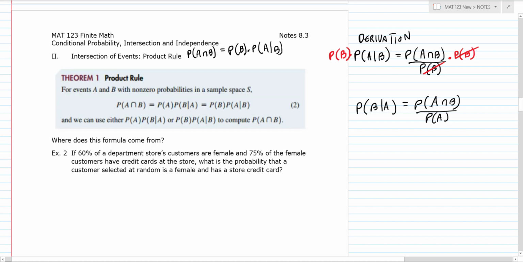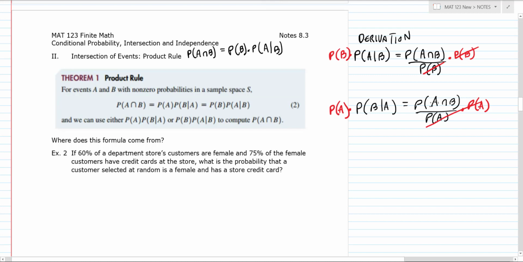So that's one formula. If you take the other formula, which is just doing this backwards, it is different. You have the probability of B given A is the probability of A intersect B over the probability of A. So now if you multiply by the probability of A, you get a slightly different formula, but it'll give you the same answer.